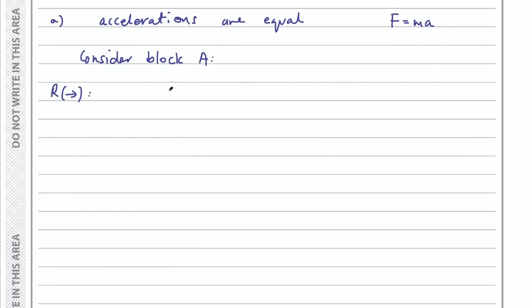So again, resolving horizontally, we've got T pulling up the plane in the positive direction of movement. We're taking away that parallel component of weight force 2mg sine alpha, and also the friction force, which is 2/3 2mg cosine alpha. This is equal to the net force.